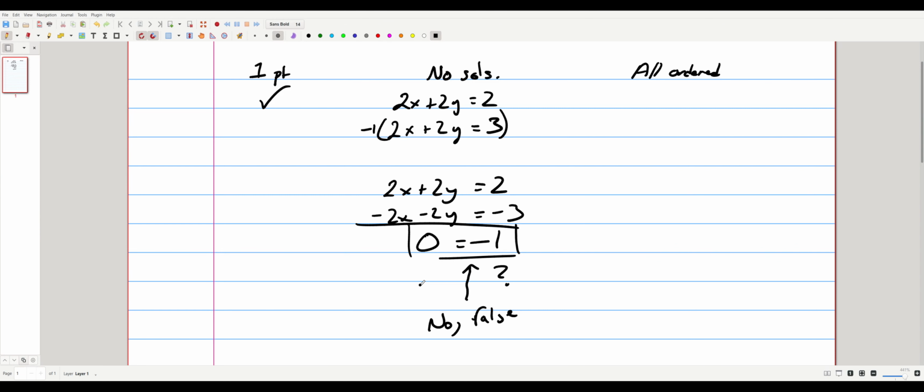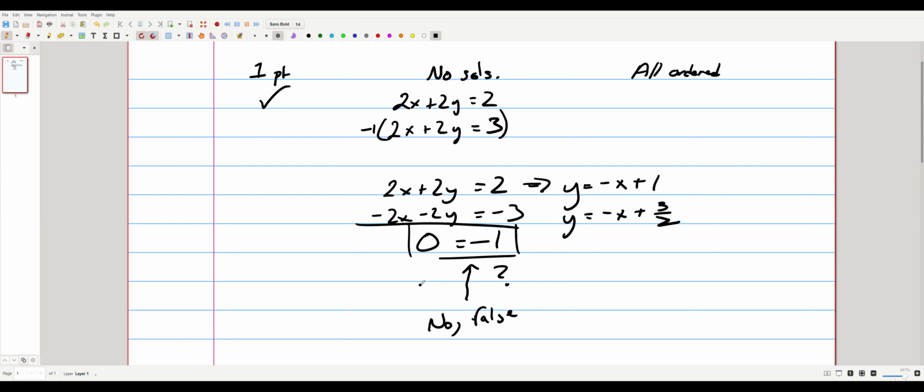So what does this look like? Well, this is the parallel line example, and if we were to put this in slope-intercept form, this equation looks like y equals negative x plus 1, and this one looks like y is equal to negative x plus 3/2.